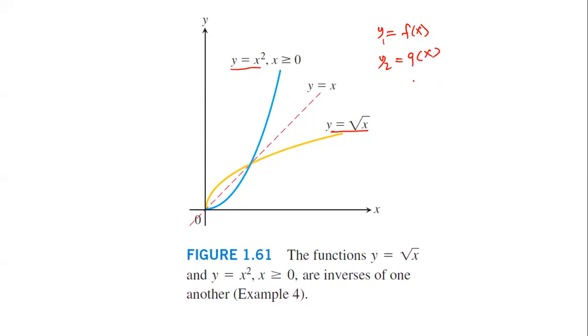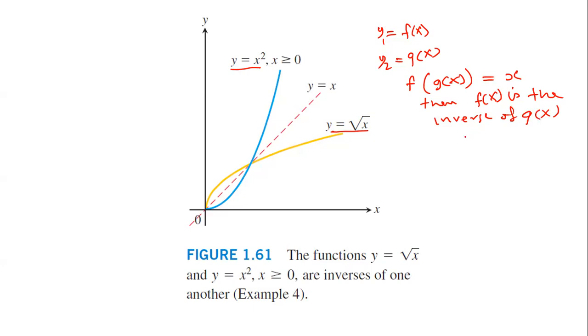So we said the function f operating on the result of g of x, if this is equal to x, then f of x is the inverse of g of x.